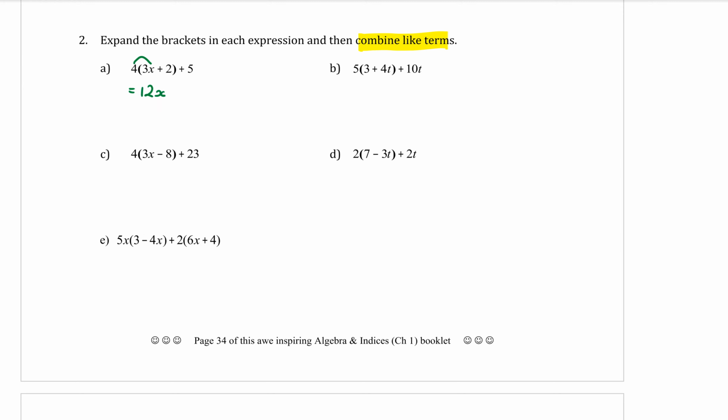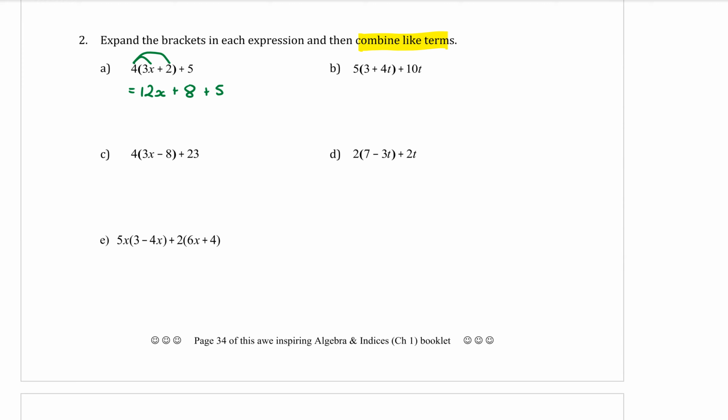Then we have a plus sign. 4 times 2 is 8. Now the 5 that is at the end here, don't multiply that, okay? It's not part of the bracket, it's outside. It's just sitting on the end. So I'm just going to write it again, plus 5.